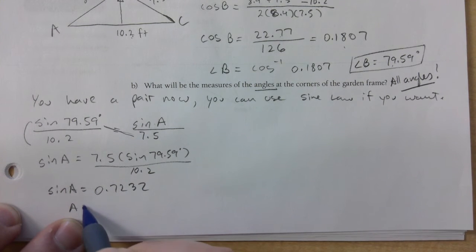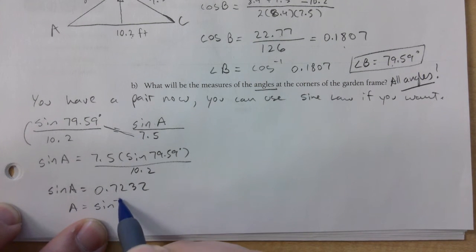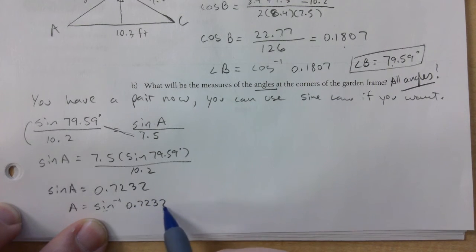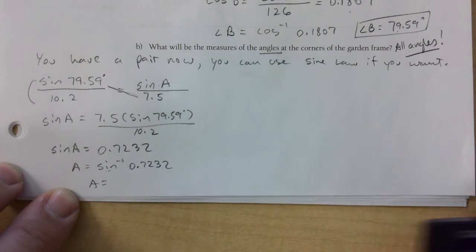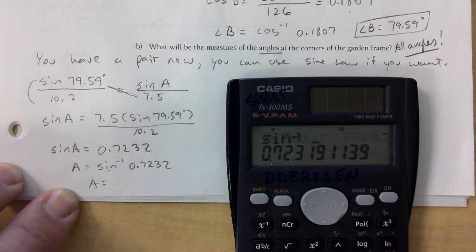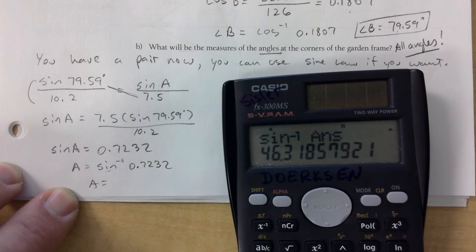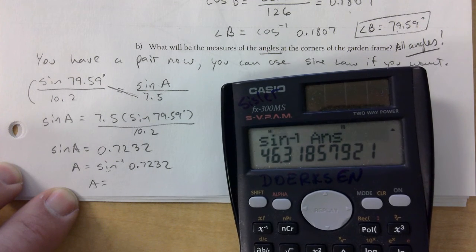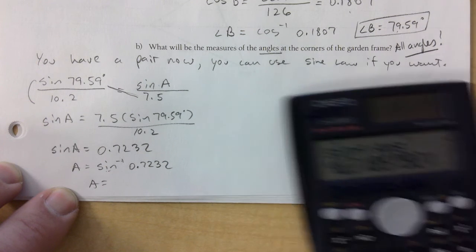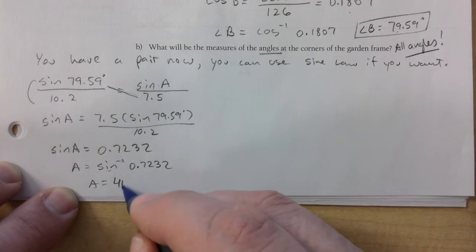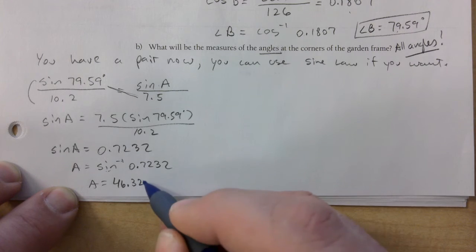And last step, whenever you're trying to find an angle, you have to use the inverse of that decimal. That's a must. And the more steps you show, the better. 46.32. The 8 bumps the 1. 46.32.